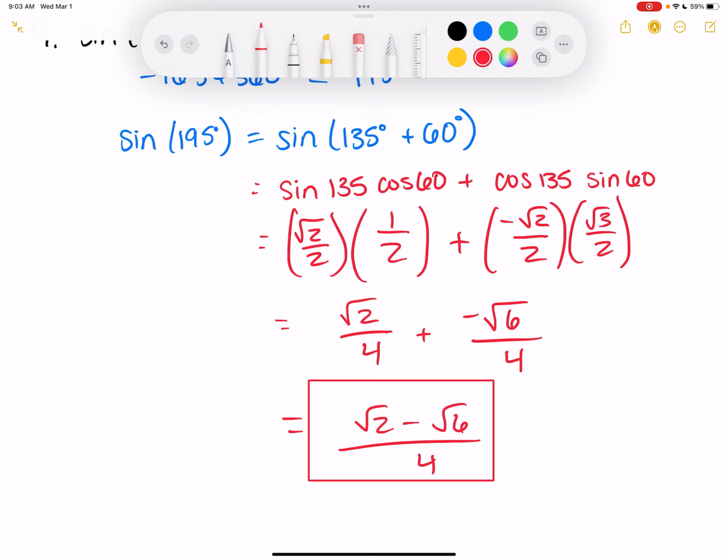We don't typically use 90 and something because that usually just adds to another value. So we usually try to use other ones, and all of our values are either 1/2, square root of 3 over 2, or square root of 2 over 2. So it kind of makes sense that it has to come out this way. If your answer doesn't look like that, multiply again, because probably something is wrong.